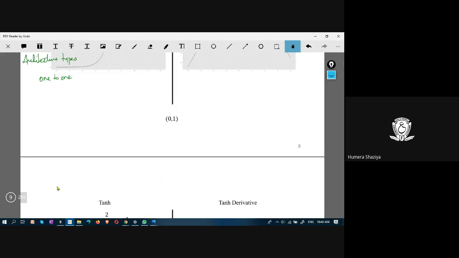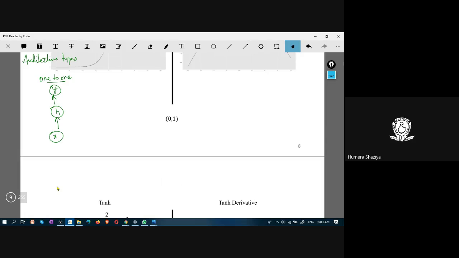One to one means there is one input X, there is one output Y, and there is this hidden layer H. This is one to one arrangement.